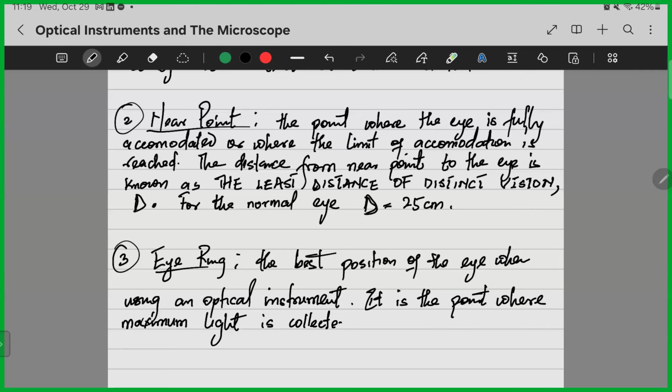So let's talk about lenses. Or let's make a point. Optical instruments are commonly made of lenses.